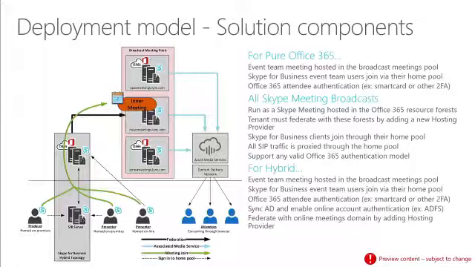Maybe an on-premises deployment, maybe a cloud deployment, or a hybrid deployment. The thing that is in the left box, the gray left box, is your own Skype for Business deployment. Users from your own organization are known within that Skype for Business organization. Then there is a federation with the broadcast meeting pools.